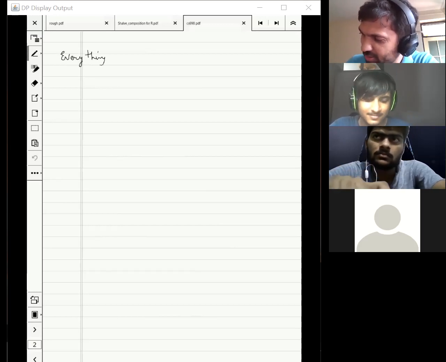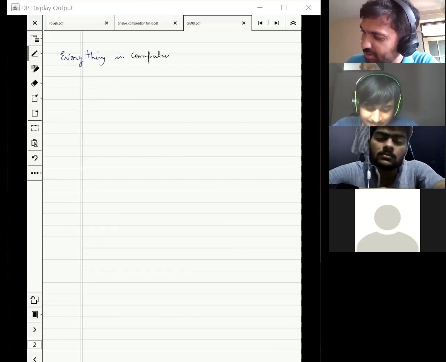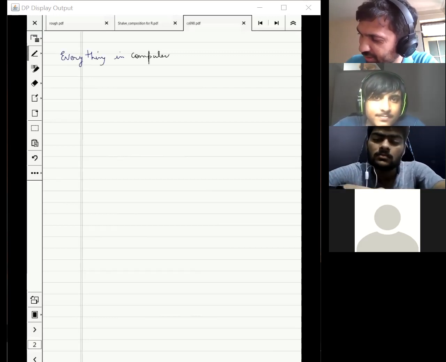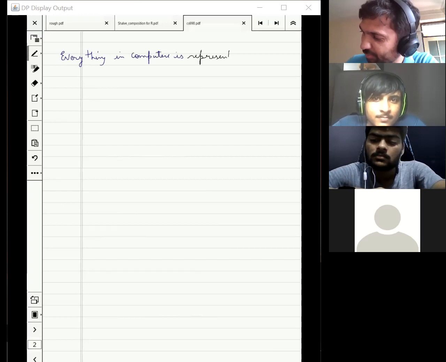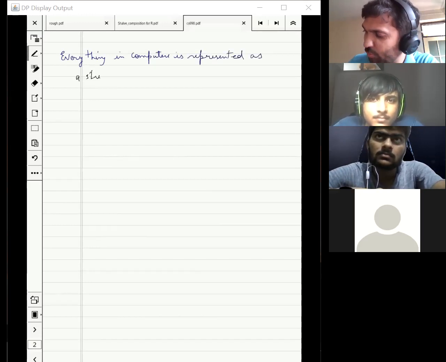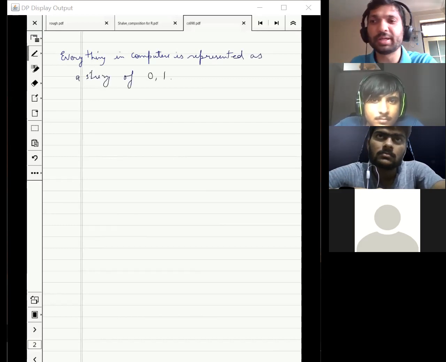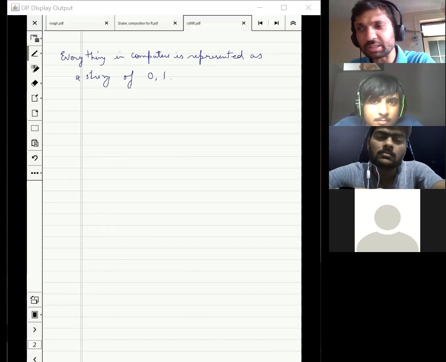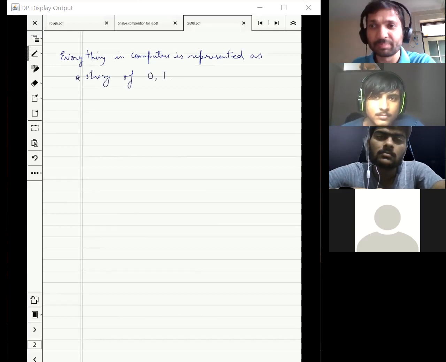Everything in computers is represented as a string of 0s and 1s. This could be a number, this could be an image, this could be a file, this could be a text file. Everything is represented as 0, 1, right?